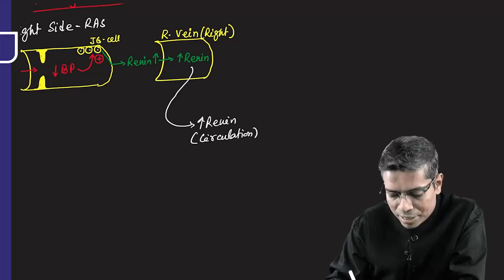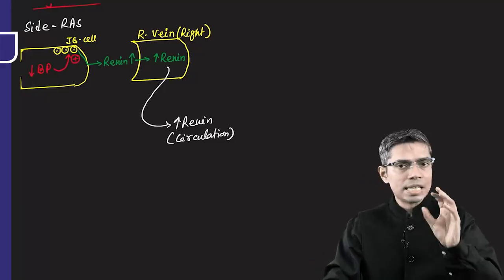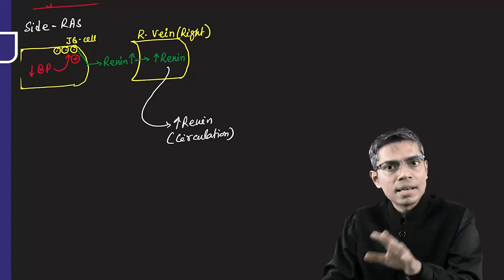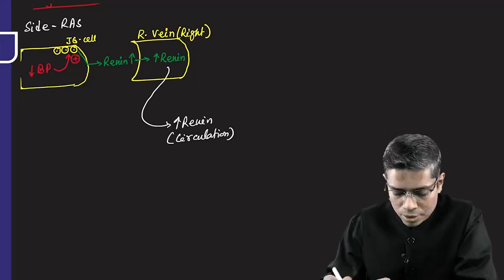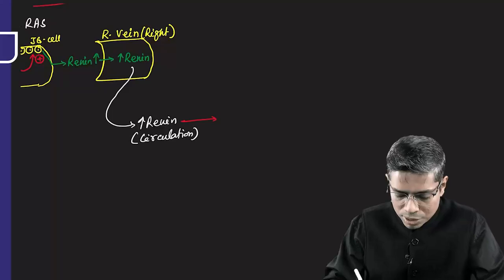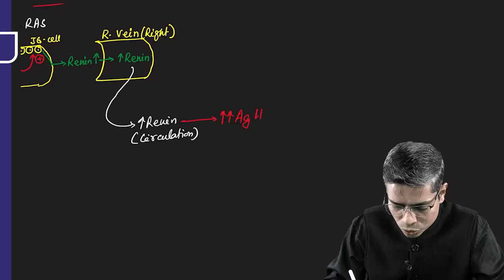And whenever renin reaches the circulation, you know what it is going to do. It will act on angiotensinogen, which will be converted into angiotensin 1, and then further converted into angiotensin 2, right? So now I can understand that whenever there is an increase in renin, it leads to increased production of angiotensin 2.